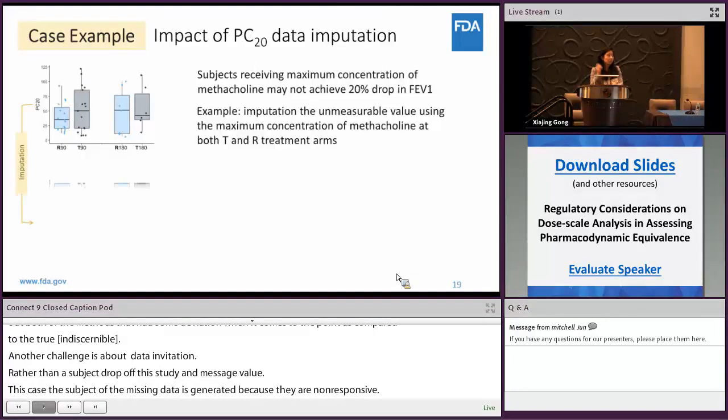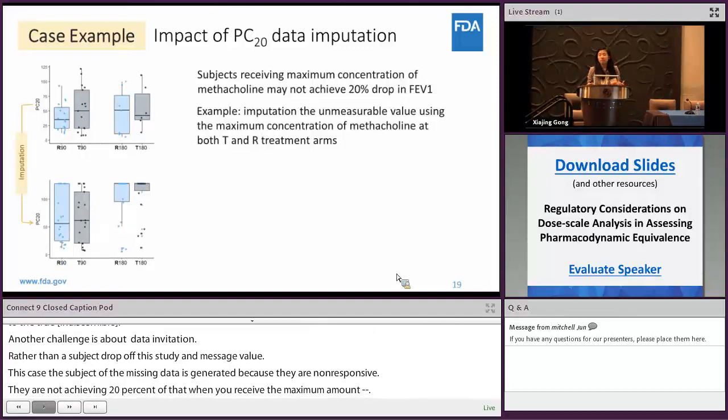So in this particular example, PC20 is not measurable, so it's missing. And the firm chose to impute a measurable value using the maximum concentration of methacholine. Unfortunately, they did a lot of imputation, the same maximum value, for both T and R treatment arms.